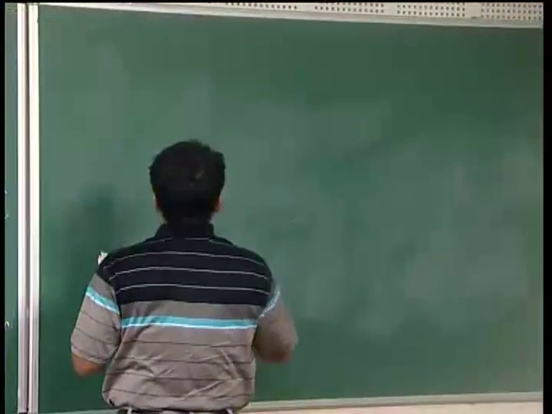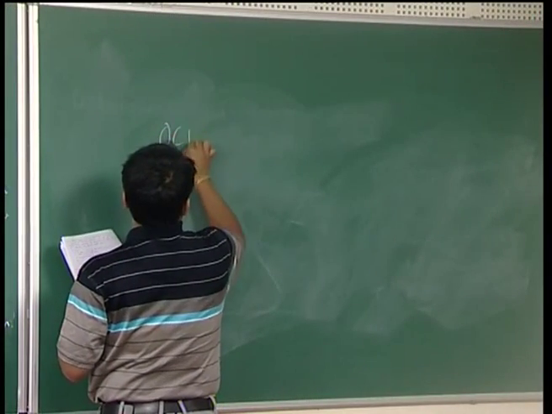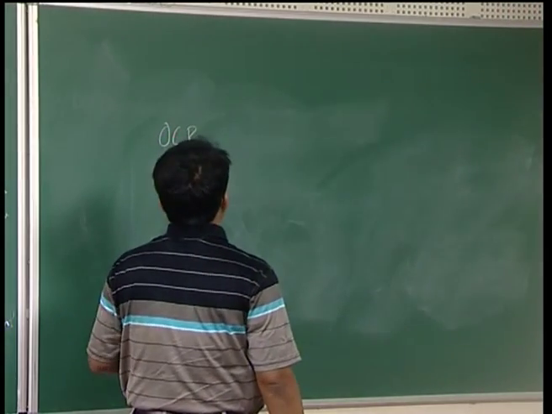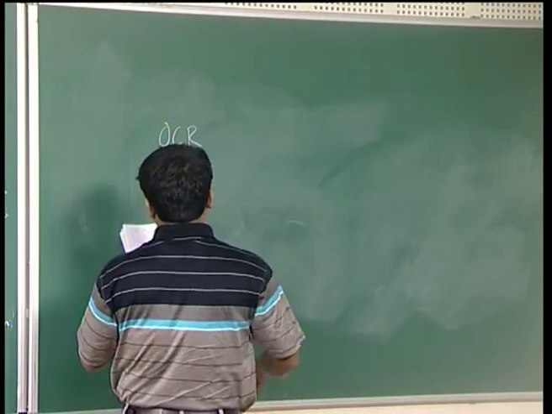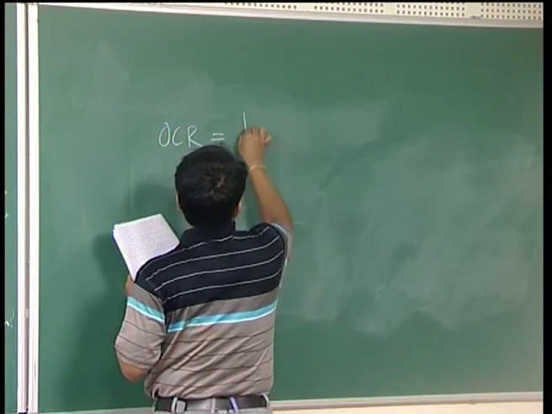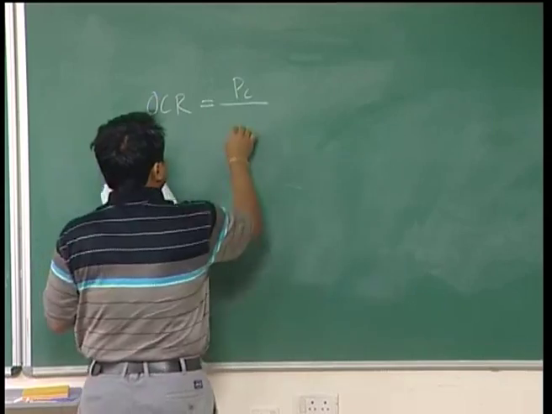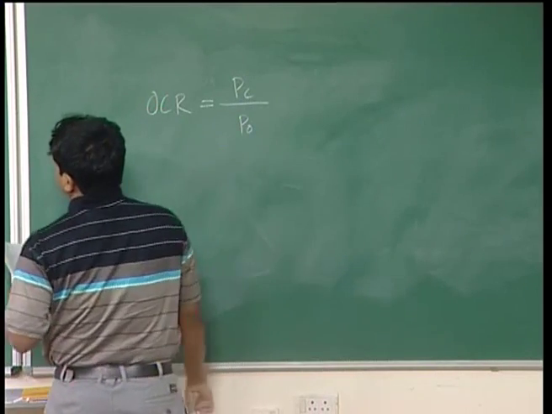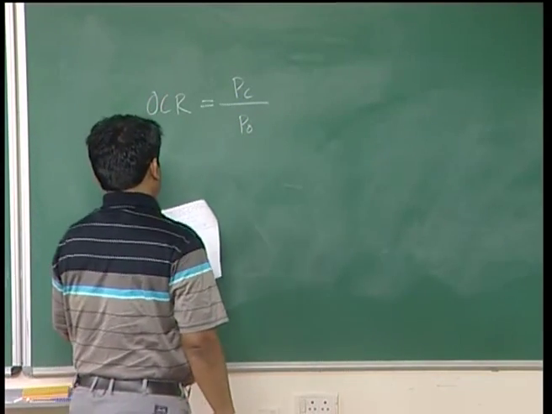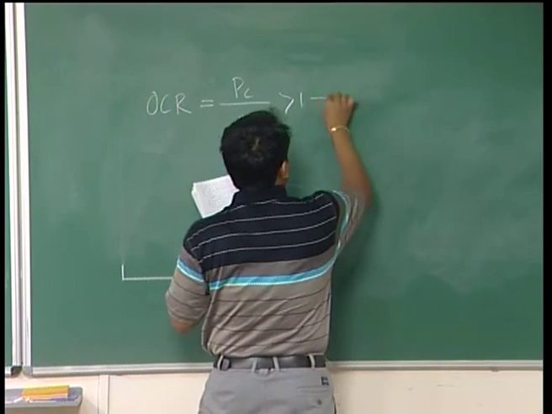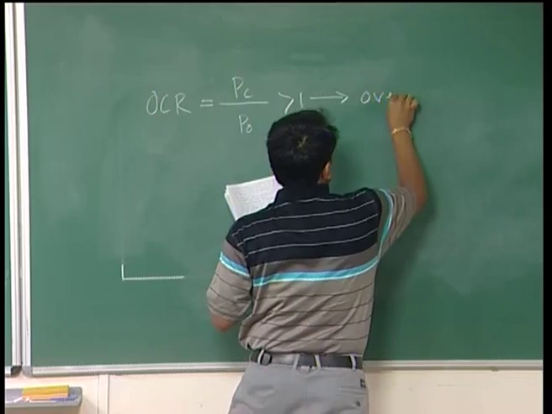Now, there is another term, called OCR, that is over consolidation ratio. OCR is over consolidation ratio. It is nothing but Pc, pre-consolidation pressure, divided by P0, that is your overburden pressure. If it is greater than 1, then it is called over consolidated.